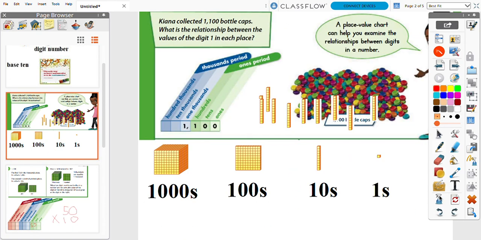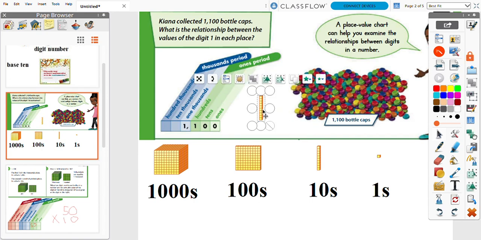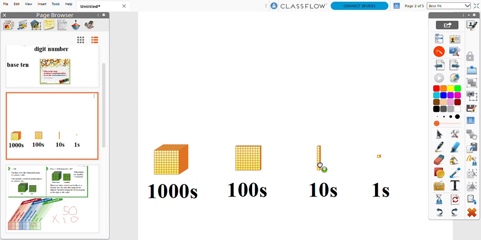Going back to my base 10 blocks. How many of these 10s do I need to make 50? Should be 5. So 10, 20, 30, 40, 50.